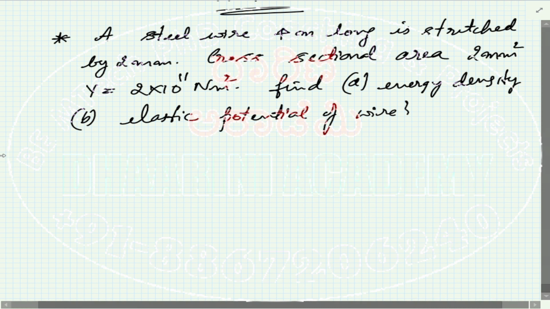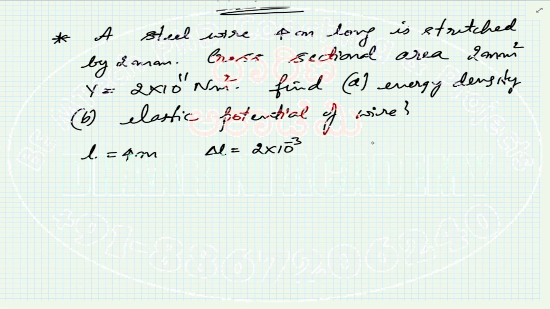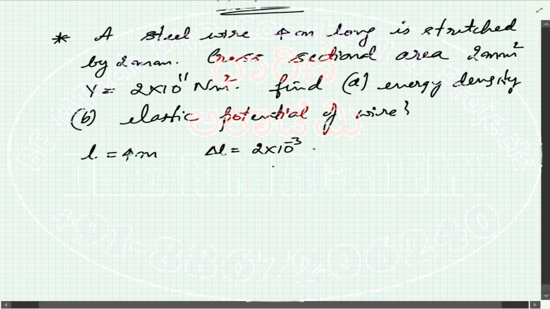Okay, so we can note what is given. Length is given, this is 4 meters. Then delta L is given, this is equal to 2 into 10 to the minus 3 meters, 2 millimeters. And you can see that the area is given, that is A is 2 into 2 millimeters square, right?